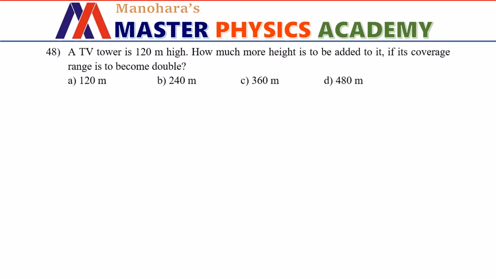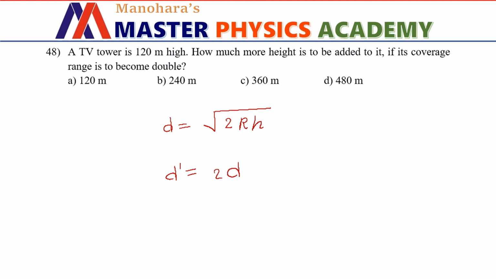A TV tower is 120 meters high. How much more height is to be added to it if its coverage range is to become double? The range covered by the antenna is given by the formula D equals square root of 2 times radius of earth multiplied by the height of the antenna. Now the D dash value should be equal to 2 times D, that is the clause they have given.